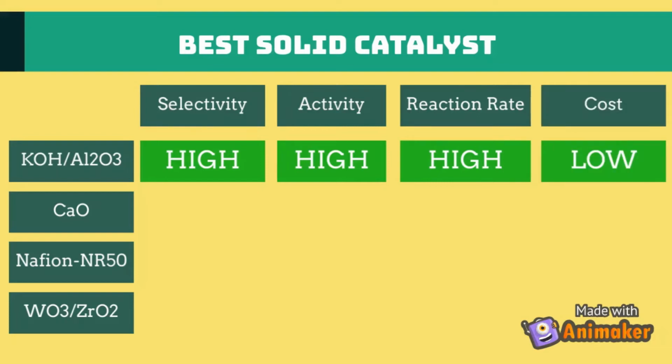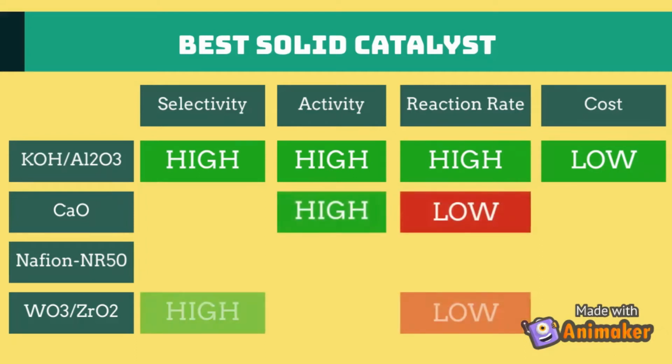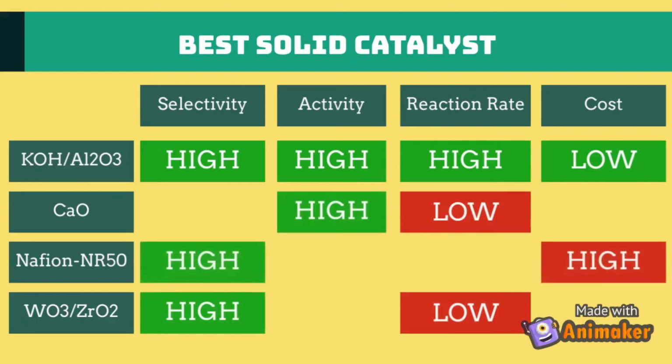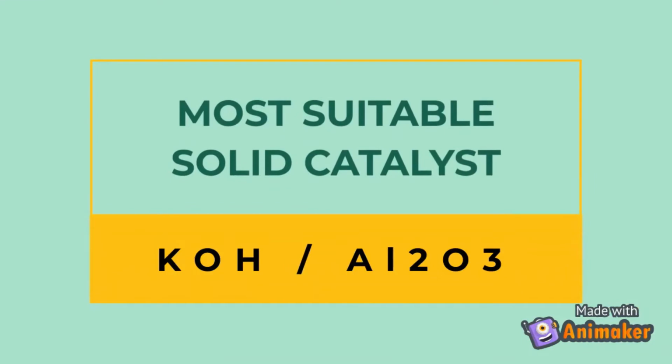Meanwhile, calcium oxide and tungsten trioxide/zirconium dioxide have a lower reaction rate. Nafion NR50 has a higher cost compared to potassium hydroxide/aluminium oxide. This proves that potassium hydroxide/aluminium oxide is the most suitable solid catalyst for the reaction.